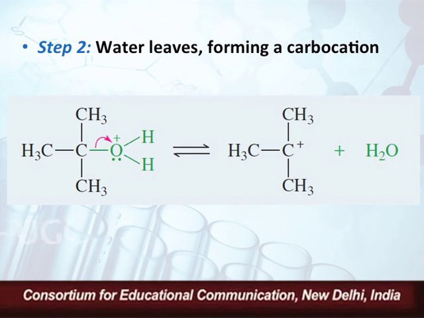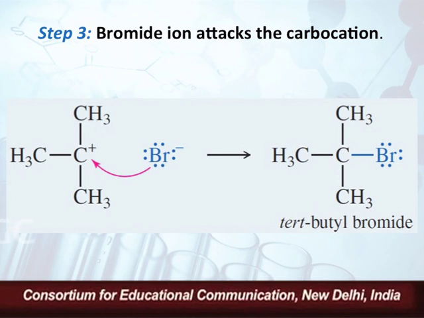So during protonation, we have converted OH, which is a poor leaving group, into H2O, which is a good leaving group. Now this tertiary carbocation reacts with a bromide anion, which acts as a nucleophile, resulting in the formation of tertiary butyl bromide.